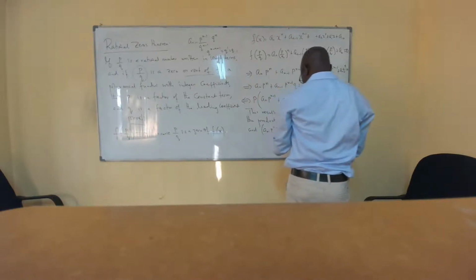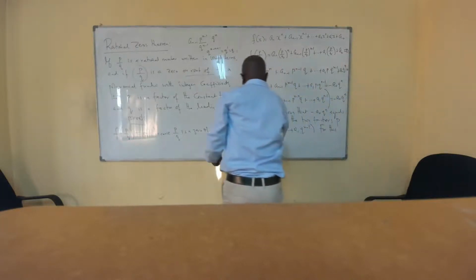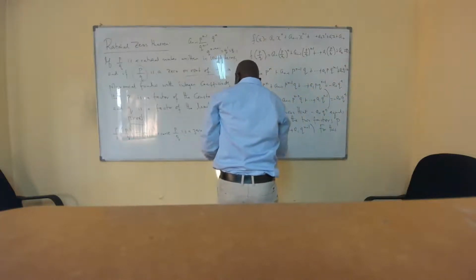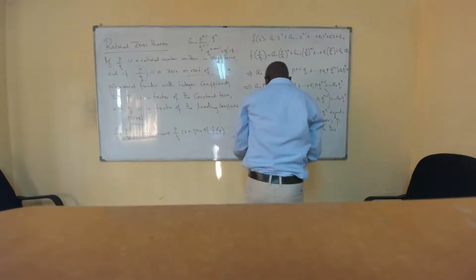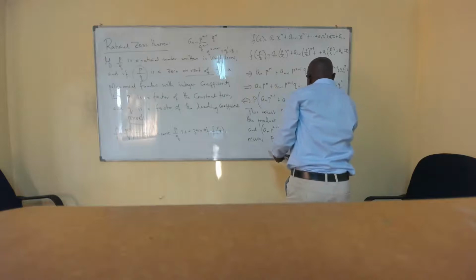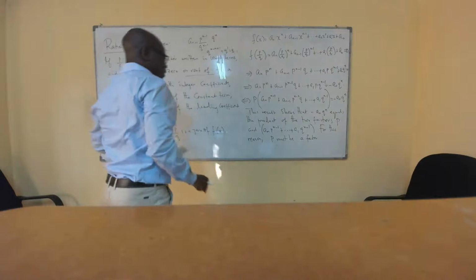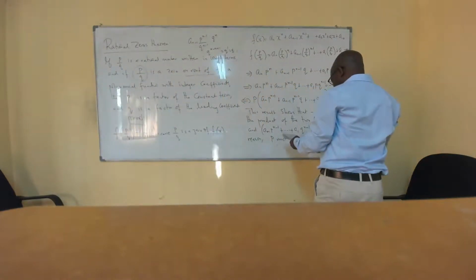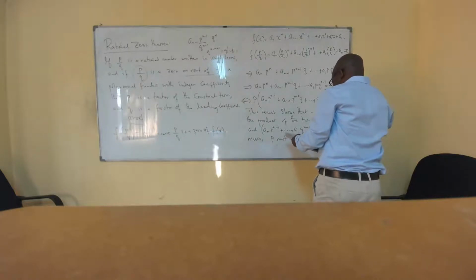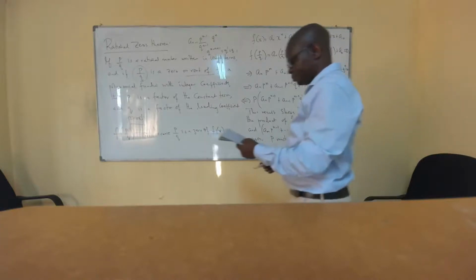For this reason, p, the numerator, must be a factor of minus a0 q to the power n.